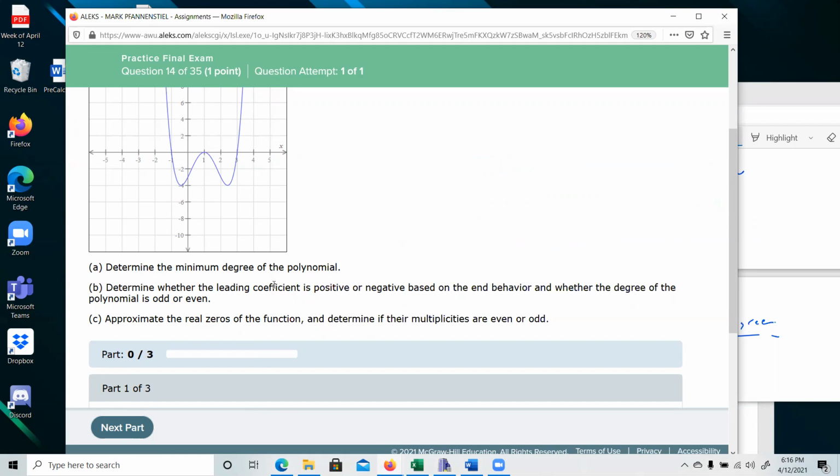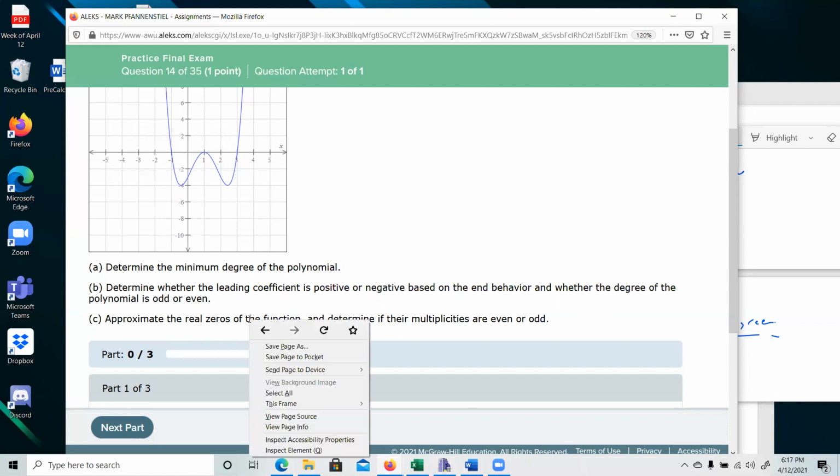Okay. Determine, I'm not going to ask you quite this many. Determine if the leading coefficient is positive or negative. It's facing up, so it's positive. And is the degree of the polynomial odd or even? 4 is an even number. It's not symmetric, so this polynomial is not even or odd as far as polynomials go, because it's not symmetric about the origin or the y-axis.